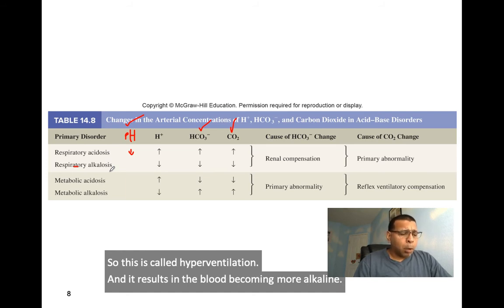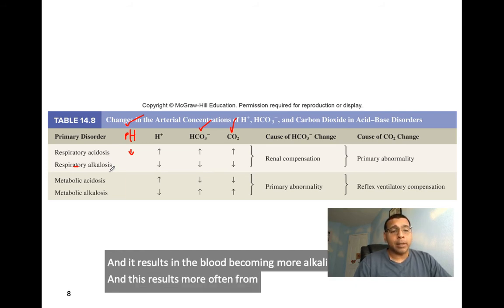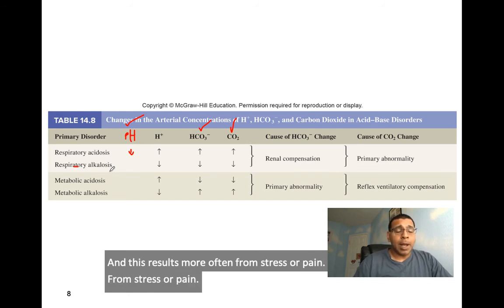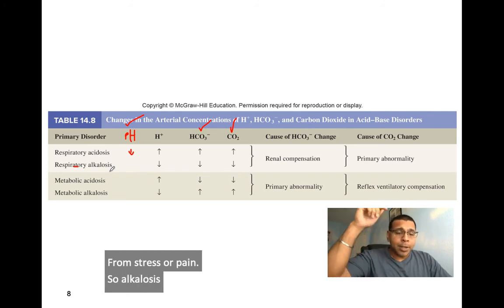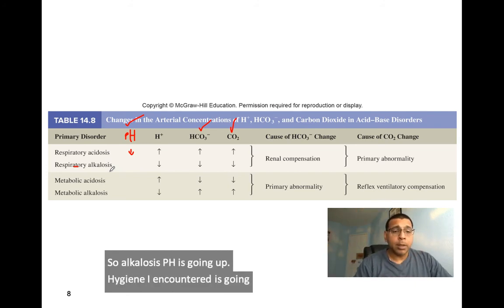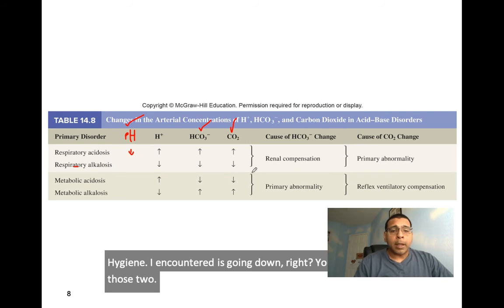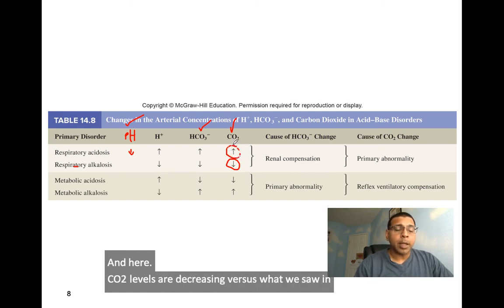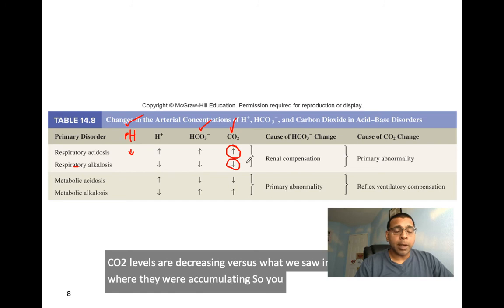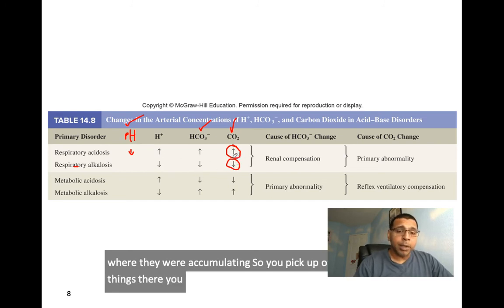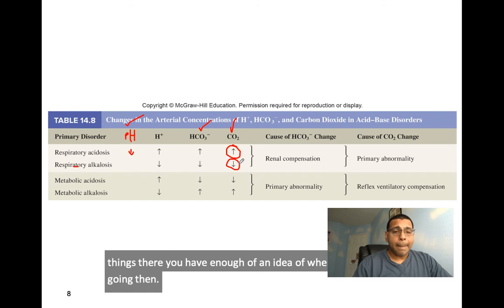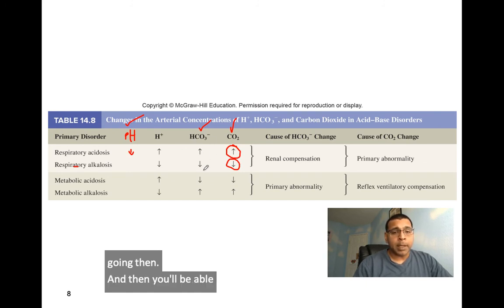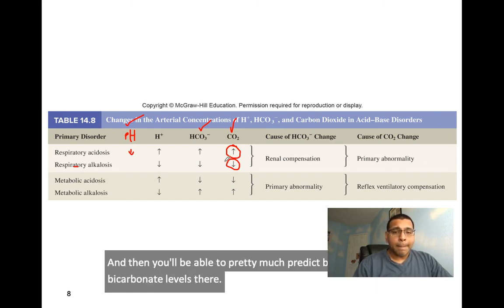It results more often from stress or pain. So in alkalosis, pH is going up and hydrogen ion content is going down. You can relate those two. Here, CO2 levels are decreasing, versus acidosis where they were accumulating. If you pick up on those two things, you have enough of an idea of where you're going, and you'll be able to pretty much predict bicarbonate levels in some patients.